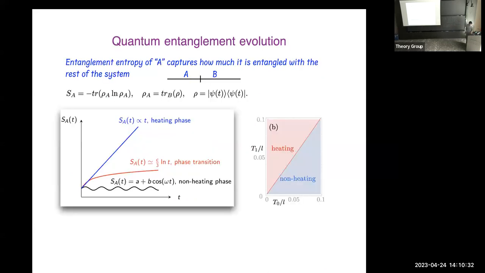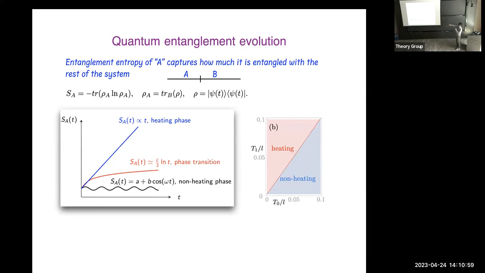So we are also interested in the quantum entanglement evolution. For example, if you study the entanglement between the left half and the right half, we use the entanglement entropy. What we found is very interesting. In this non-heating phase, the entanglement entropy for the half system simply oscillates in time.